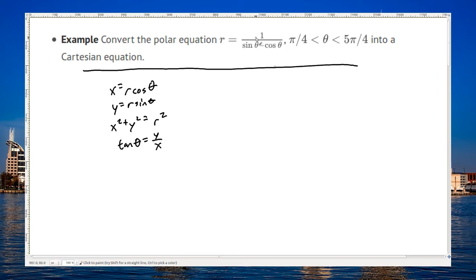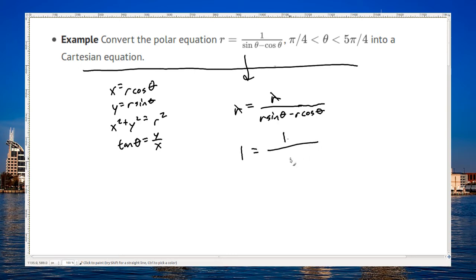Okay, and so what I can do here is I've got the sine of theta and this cosine of theta, so maybe I'll rewrite this a little bit. I can multiply the top and bottom by r, so I get r over r sine of theta minus r cosine of theta, assuming that r is not equal to 0. And then I can just cancel that r on both sides.